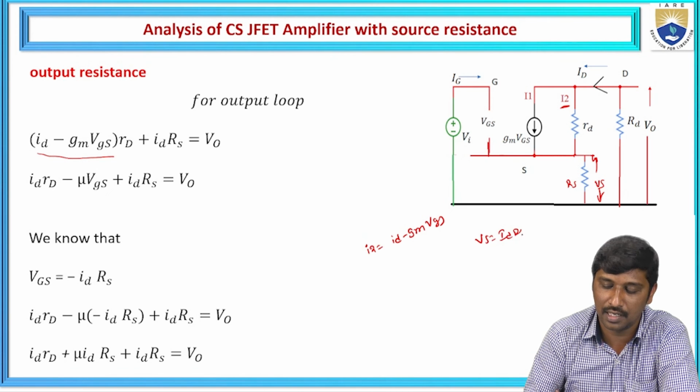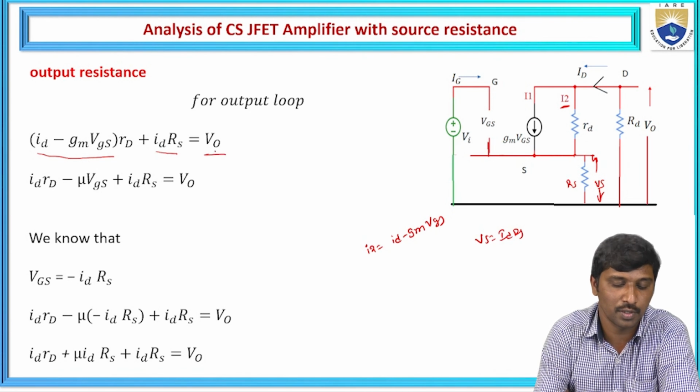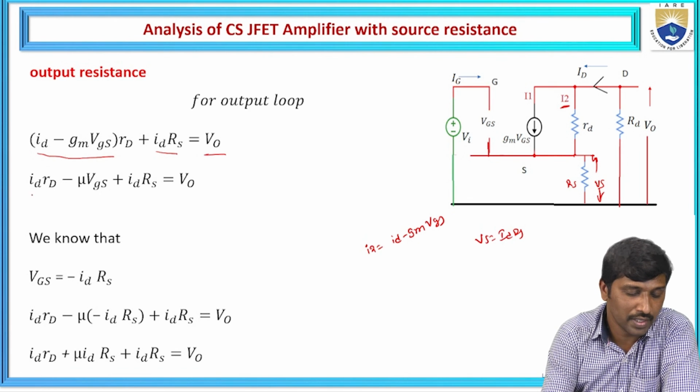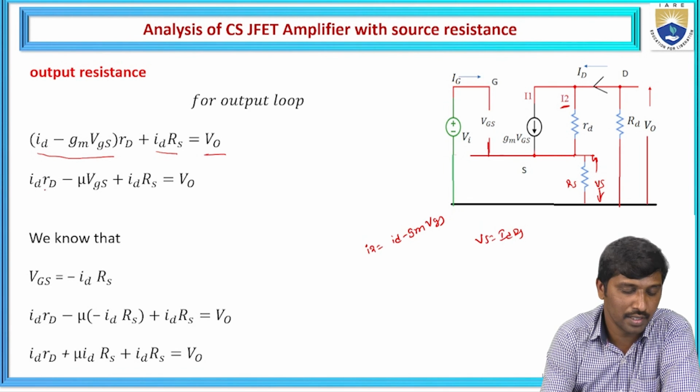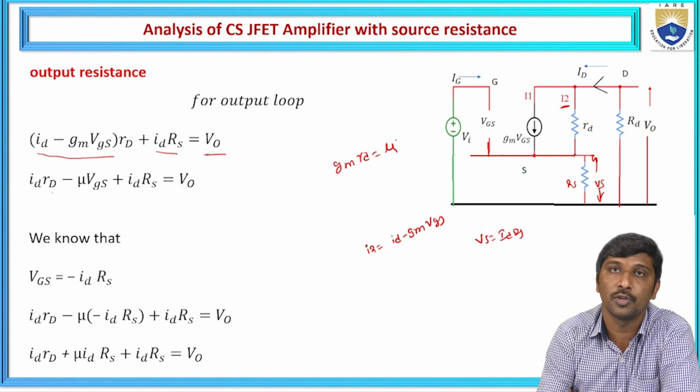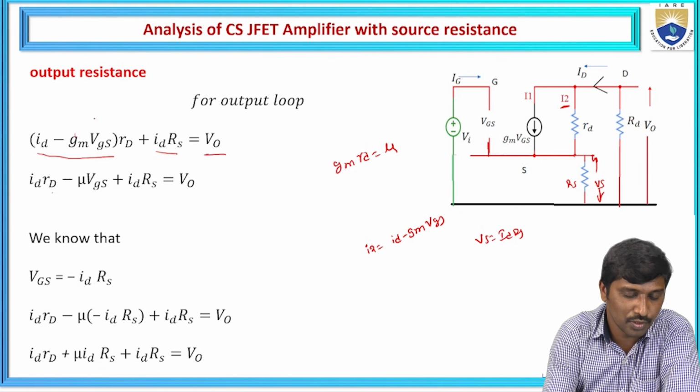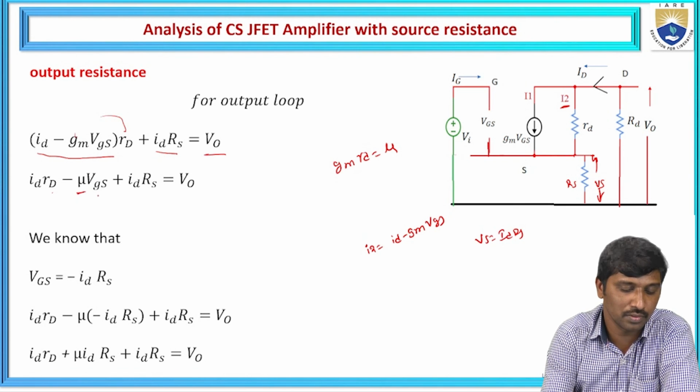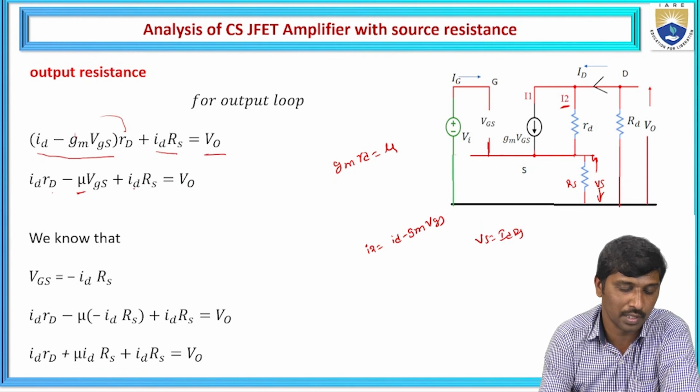We know that this is ID into RS, and that is equal to V naught. Now we can expand this term: ID into rd minus gm into rd... We know one more relation, gm into small rd is equal to mu. Hence, I directly substituted this: gm into rd is nothing but mu times VGS plus ID times RS, and that is equal to 0.